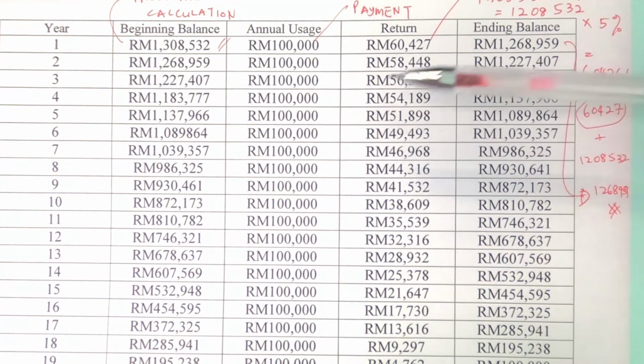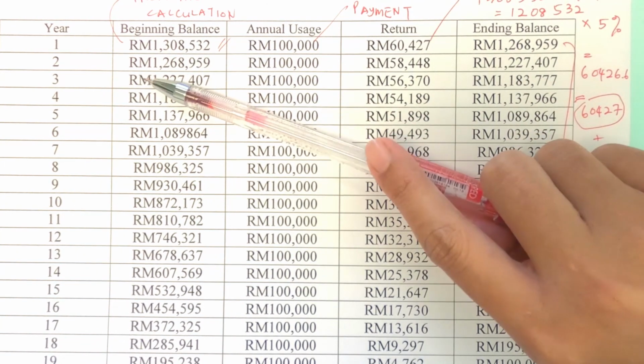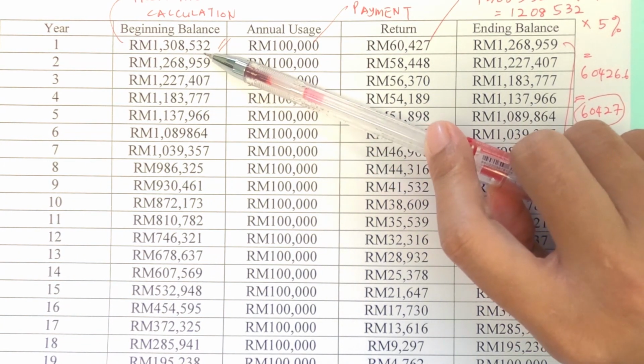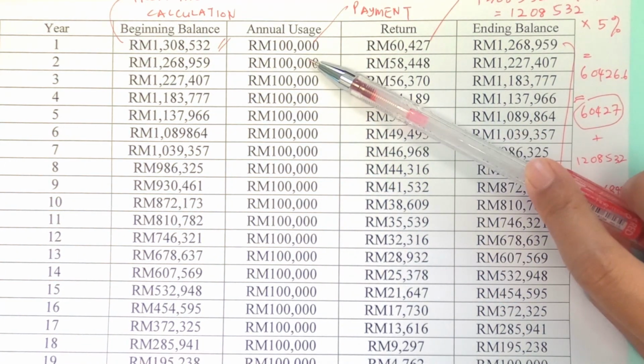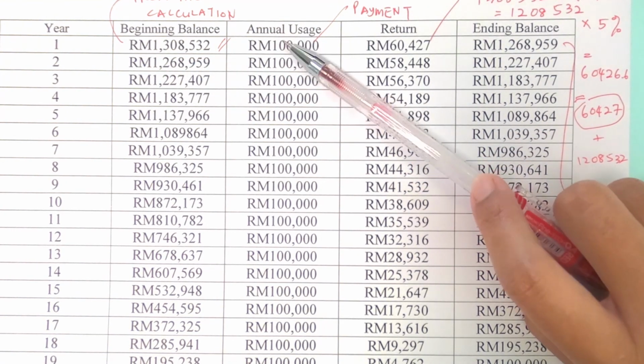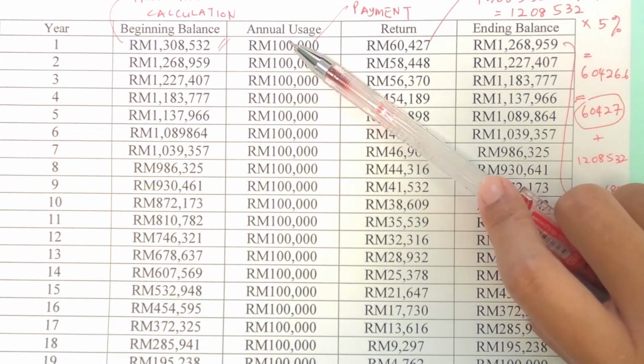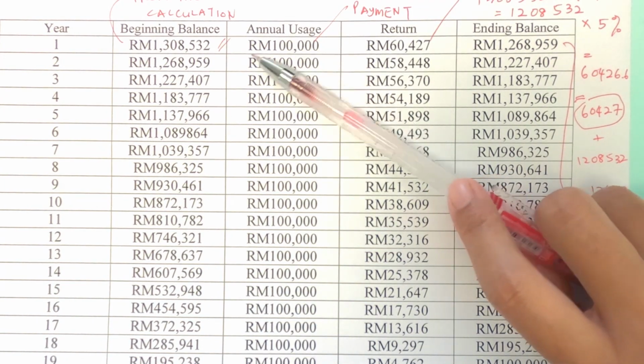Therefore, I would like to explain the first row of this table. The beginning balance is 1308532. We take the annual usage of 100,000 from this amount at the beginning of the year, because this is an expense that you are going to use in that particular year.